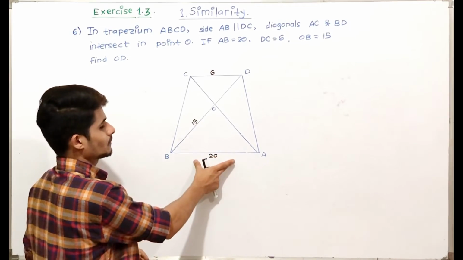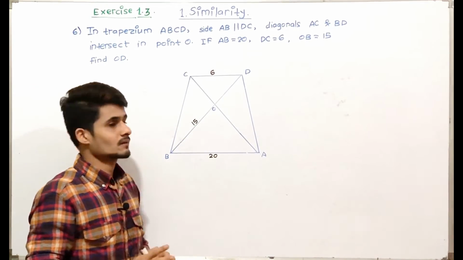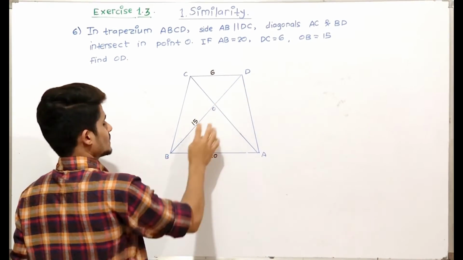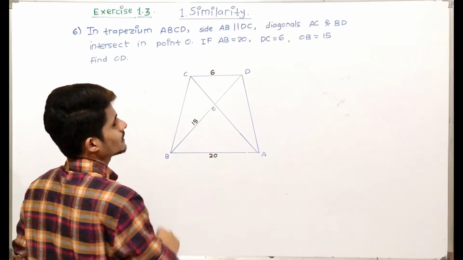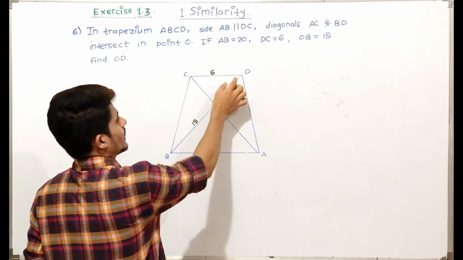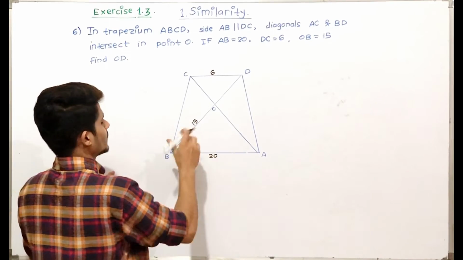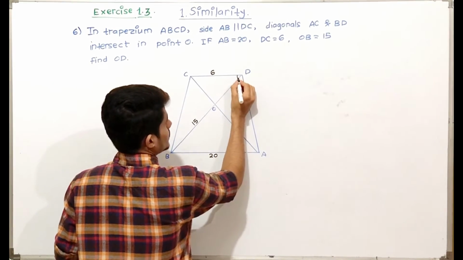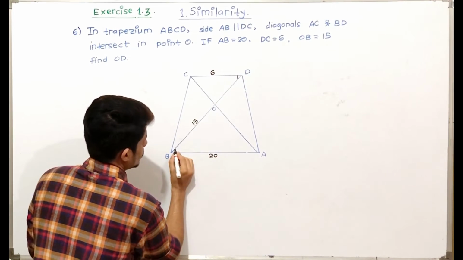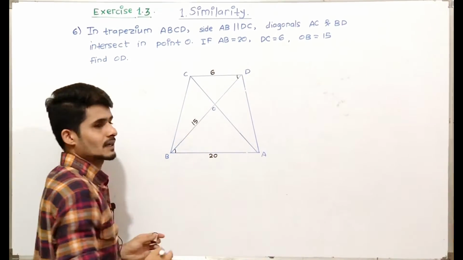Now side AB is parallel to side DC. As we have seen in the previous sum, if sides are parallel and DB is a transversal, then angle CDB will be equal to angle ABD, alternate angles.